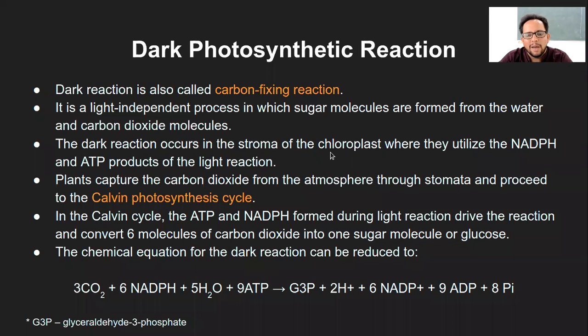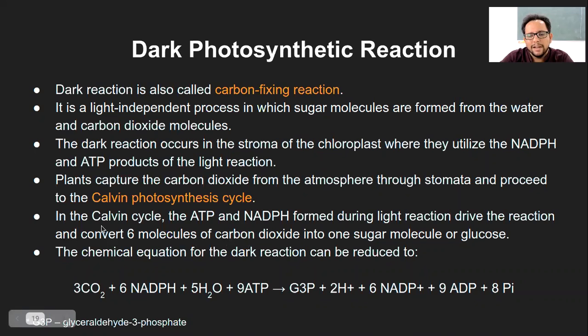And the plants will capture the carbon dioxide from the atmosphere through the stomata. Again, this process we had seen, and it will proceed to the Calvin cycle, also called the Calvin photosynthesis cycle, Calvin-Benson cycle. There are different names, or they are also called C3 or C4 cycles and so on.